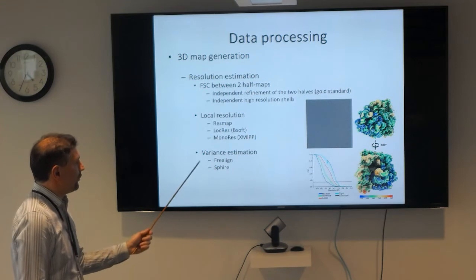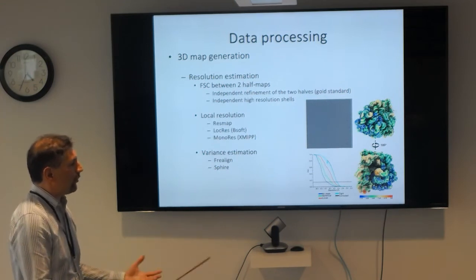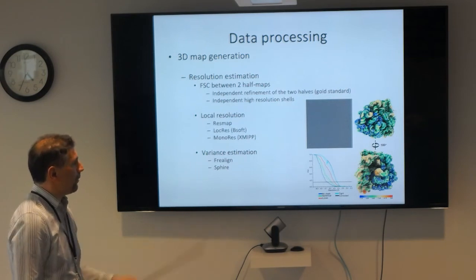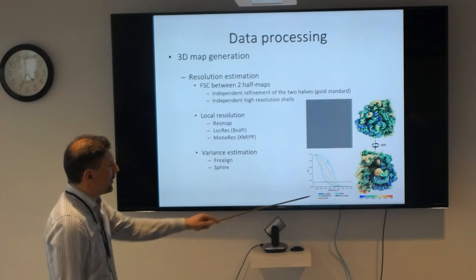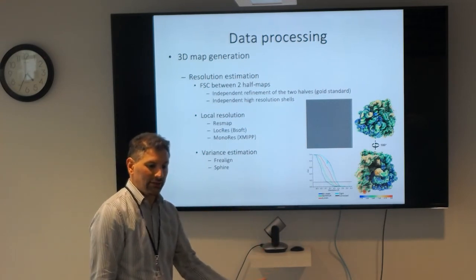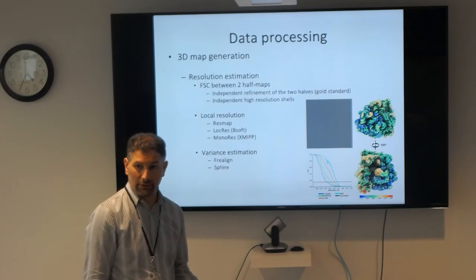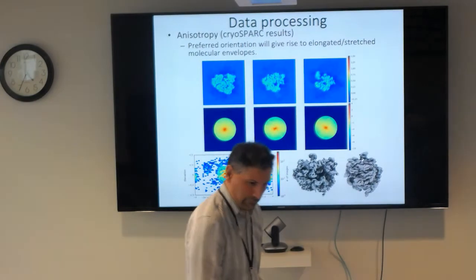Okay, and then you can do variance estimation. If you have a good structure that's homogeneous throughout, you're not supposed to get much variance coming out. If you have a structure with a lot of variance in a particular region, that's indicative that there are differences there. You might want to put a mask there and do focused classification. Okay, further teasing out information from your data set.